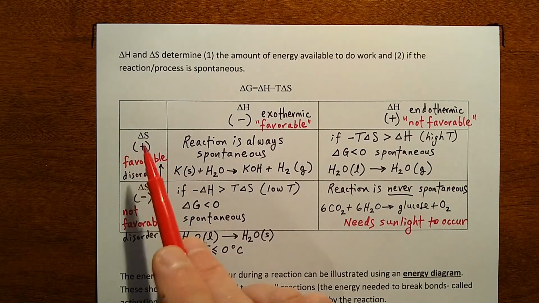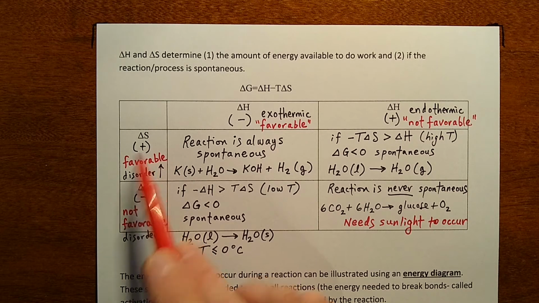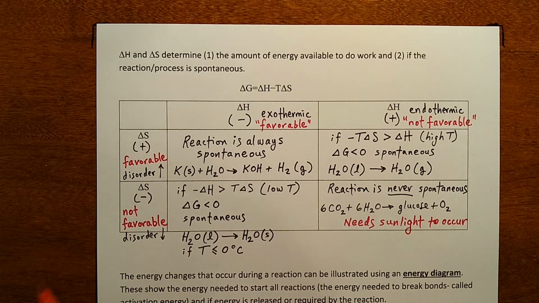And also for entropy, it can either be positive, which is generally a favorable thing for reactions to follow. They want to be going in a direction that's ordered to disordered because, as I said, it's just more probable for that to occur. Or you have a negative change in delta S, which generally is not favorable, which is a decrease in disorder.